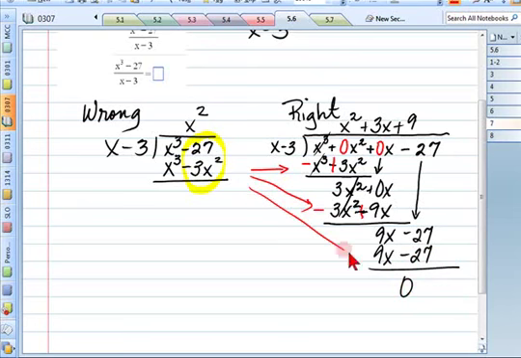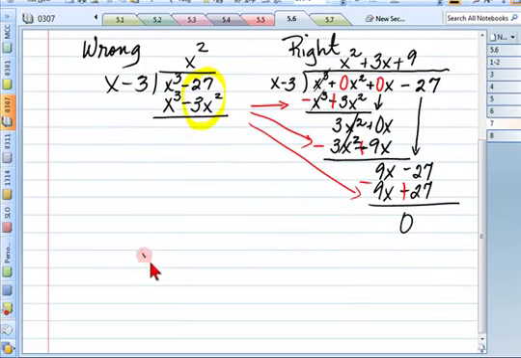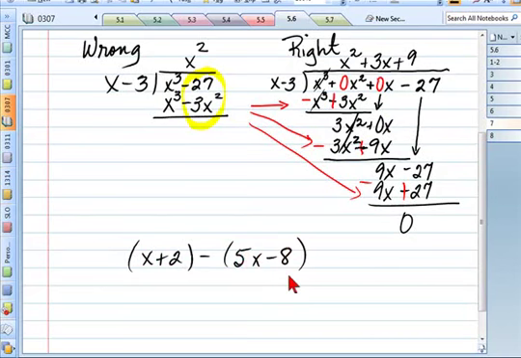Now, I probably should show that at least in my mind I changed those signs. Is that okay? Why do you always change it? When you subtract polynomials, if you remember this from yesterday, if I had something like x plus 2 and I subtracted 5x minus 8, when we did that problem in class yesterday, we did change, change, change.